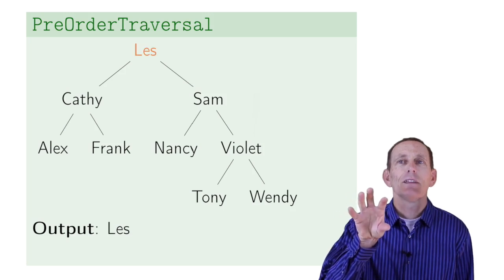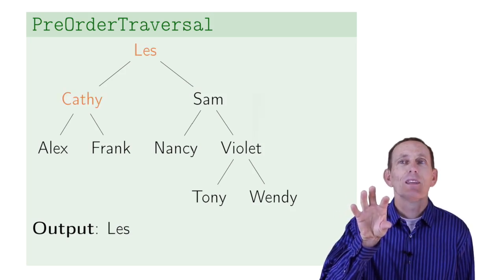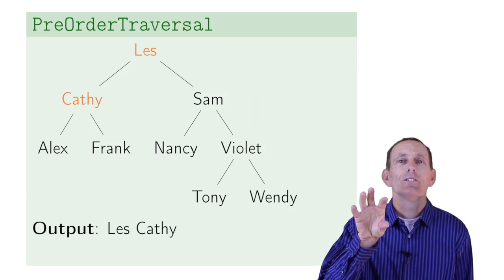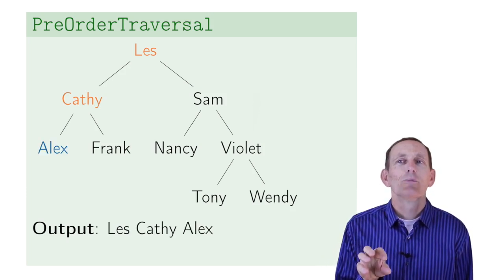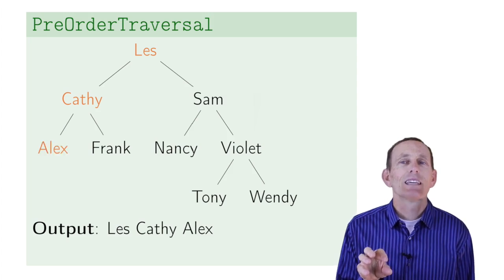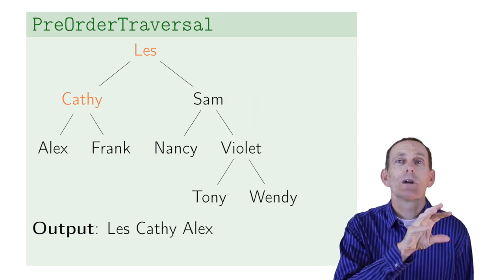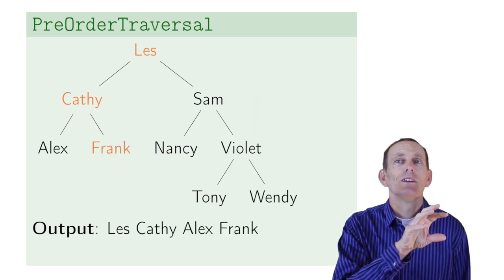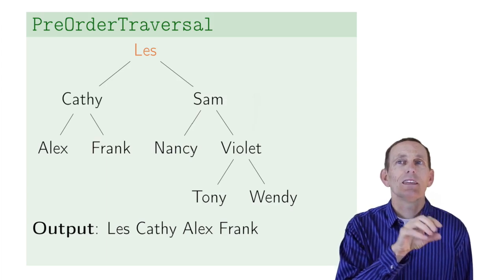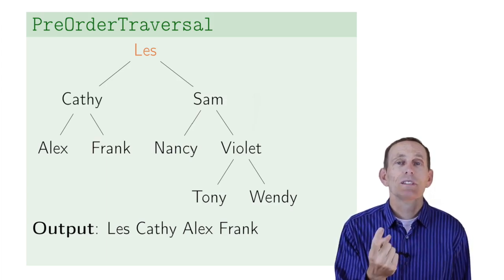left child, which is Kathy. And for Kathy, we then print Kathy, and then go to its left child, which is Alex, print Alex. We go back to Kathy, and we've finished its left child, so we now need to go to its right child, which is Frank. We finished Frank, we finished Kathy, we go back up to Les. We've already printed Les.